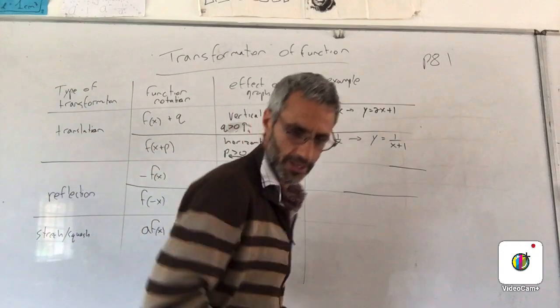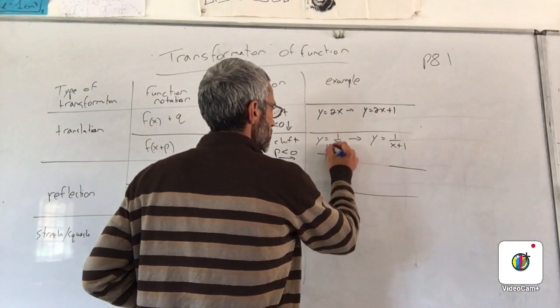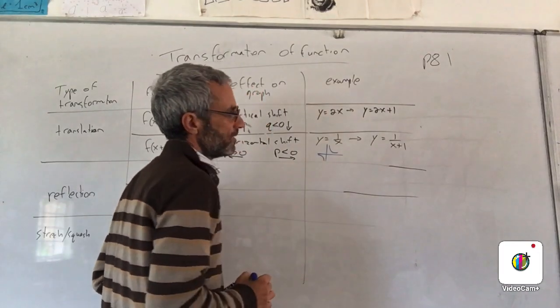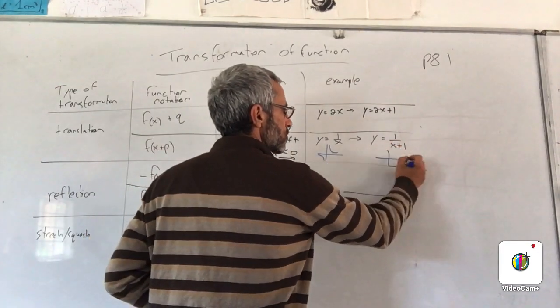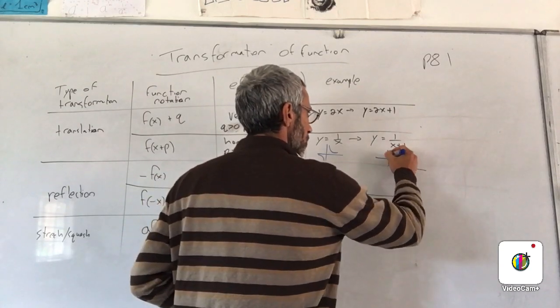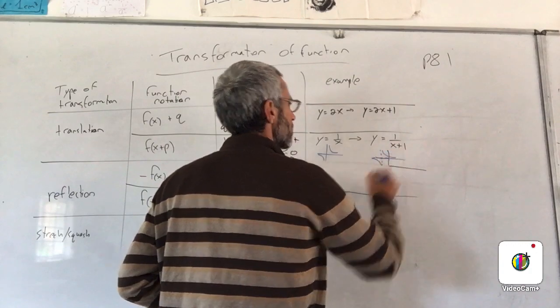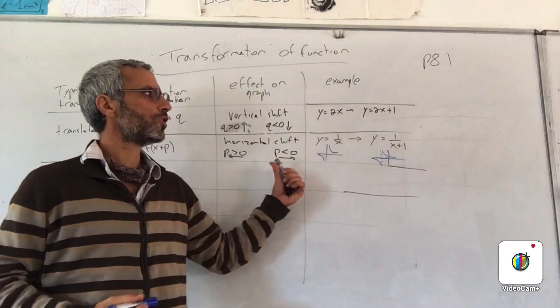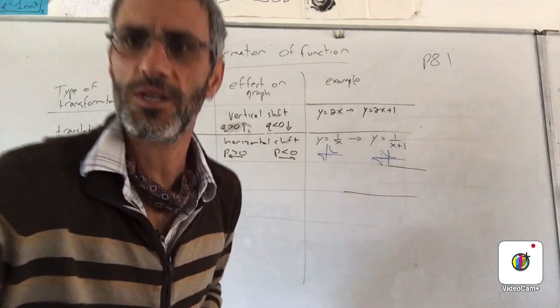Let's draw this time. I took this graph, the normal hyperbola, and I shifted it to the left. So now it's going to look like this. It's moved to the left. We happy with that? I'll just pause here for you to ask.